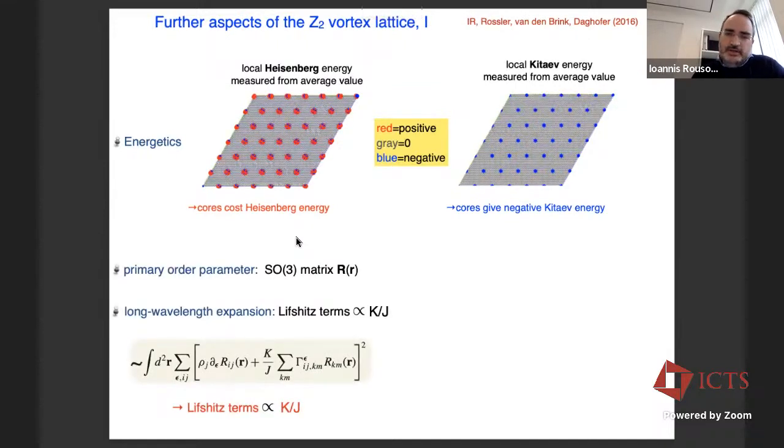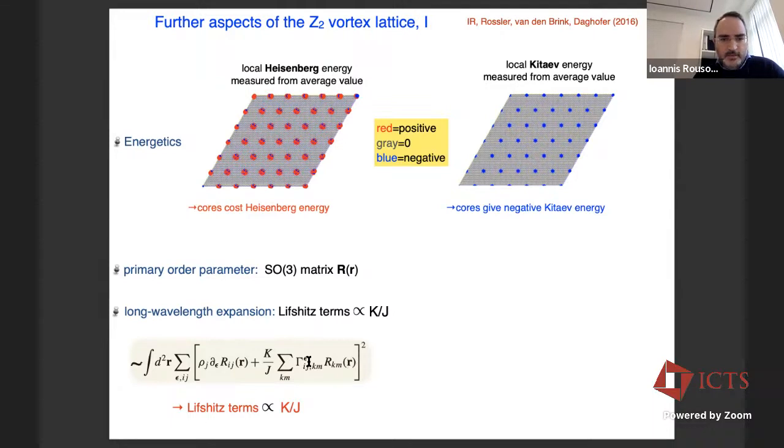You can also do the long wavelength expansion. This is also tractable in this case. And what you can see is that you don't have a vector, you have a rotation matrix, because you have this planar structure, the 120-degree structure, and then you can do a long wavelength expansion and identify the Lifshitz terms coming out of it.